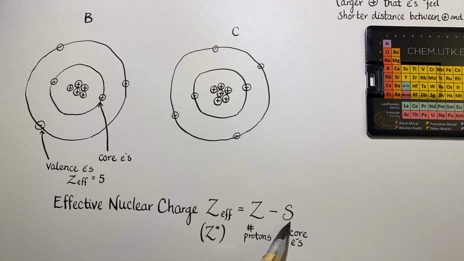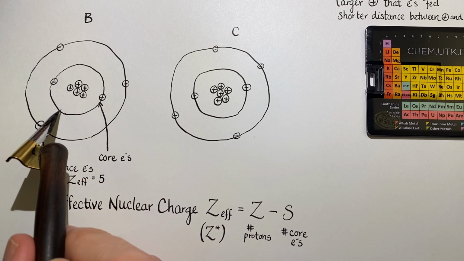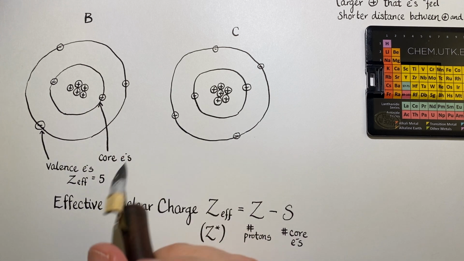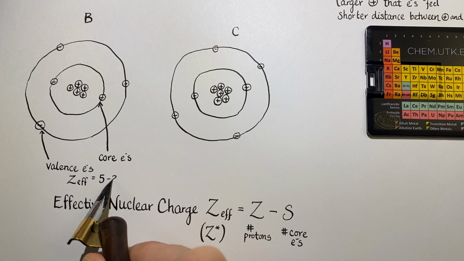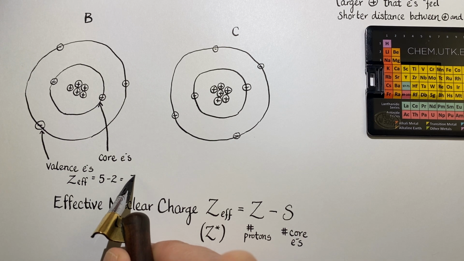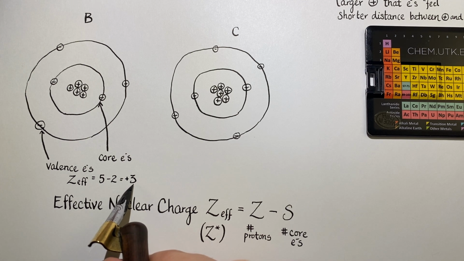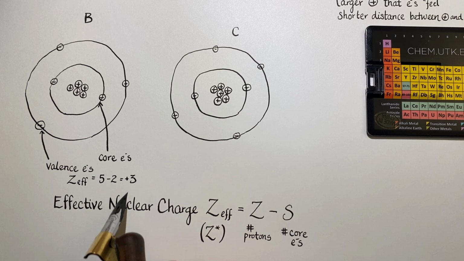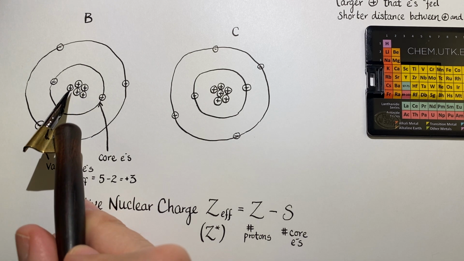We subtract out our shielding constant for boron. It's just we'll look at these 2 core electrons. So we end up with 3. And I do like to write +3 here just to remind me that it is a positive 3 charge that the valence electron is feeling from the nucleus.